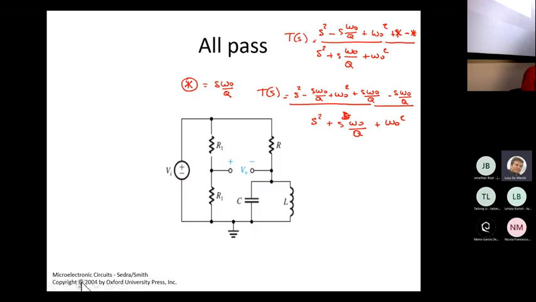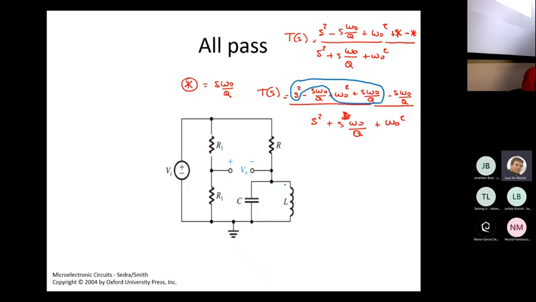Now, if we look at this part of the numerator, this part of the numerator is equal to the denominator.